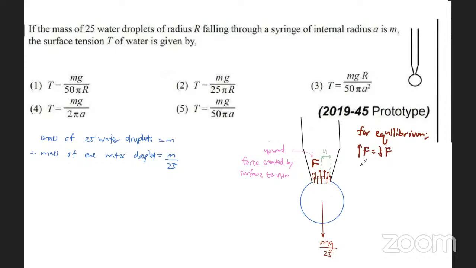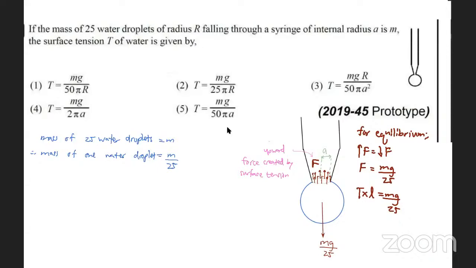Upward force F equals the downward force mg by 25. Now F is given by surface tension multiplied by the length along which the force is acting, equal to mg over 25. We have to be very careful about that length. What should I substitute for length?